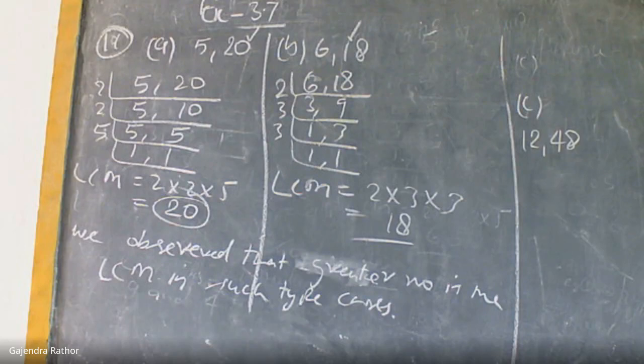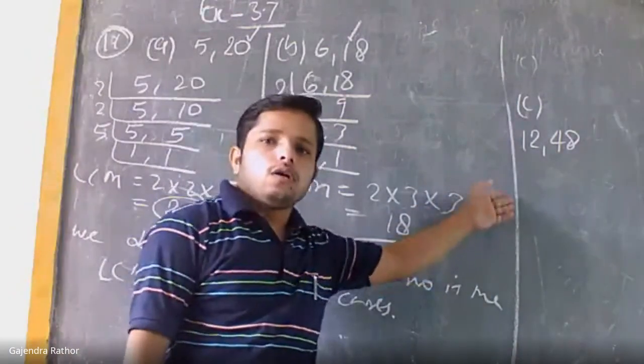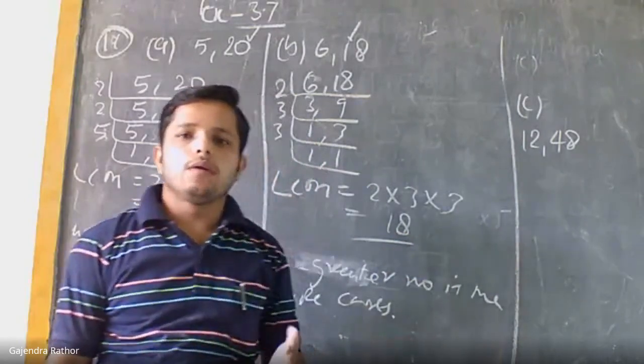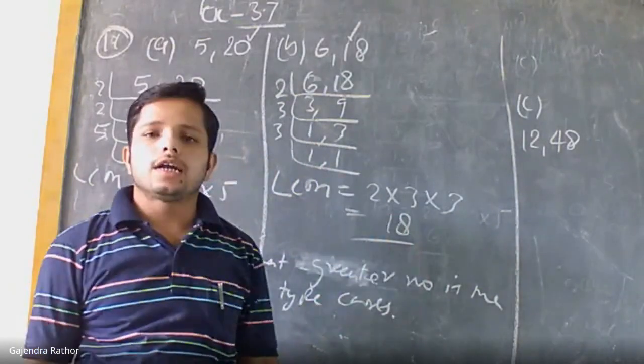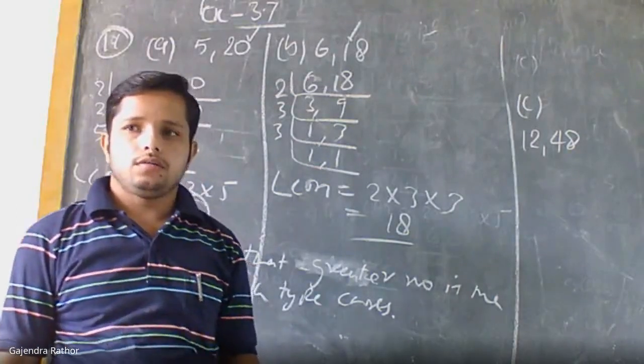Why is the LCM 48? Because 12 is a factor of 48. So LCM will be the greater number, and 48 is the greater number. So LCM is 48.